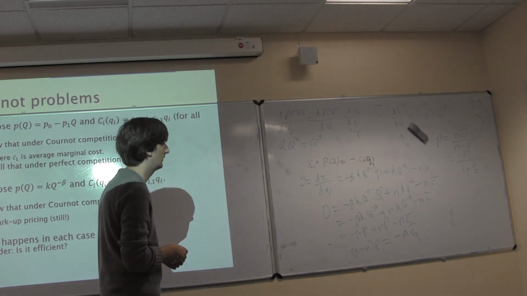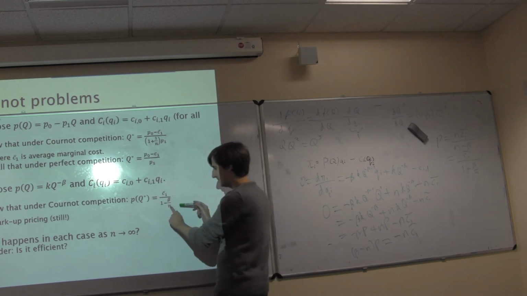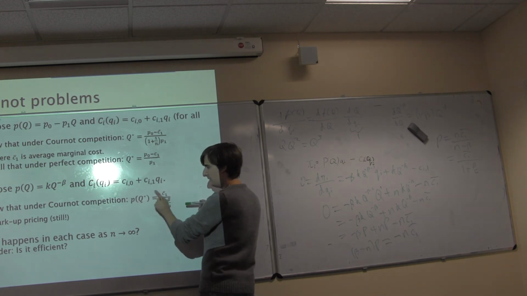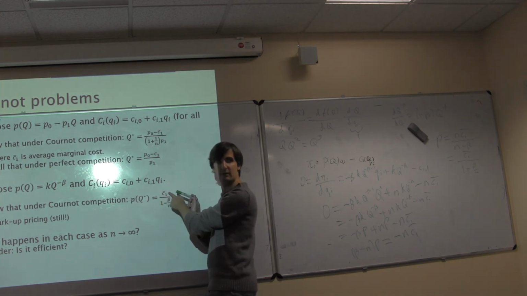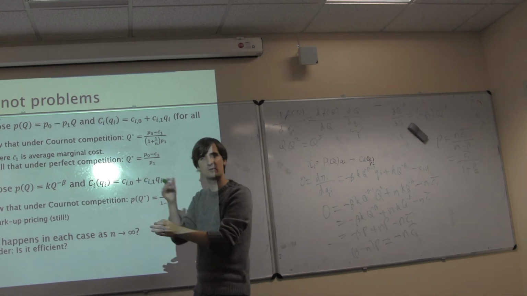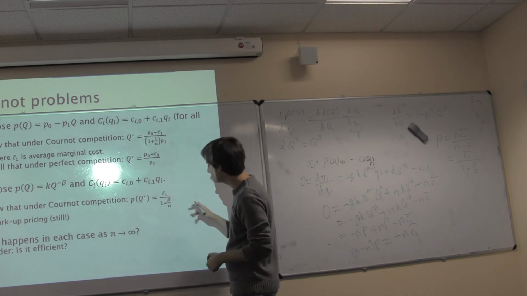You sure? Okay, good. So just as before, as n goes to infinity, n gets bigger, this bit gets smaller, so this comes to 1. So as n goes to infinity, price goes to average marginal cost. If everyone has the same marginal cost, then this is going to perfect competition.